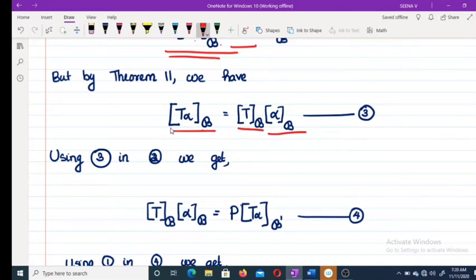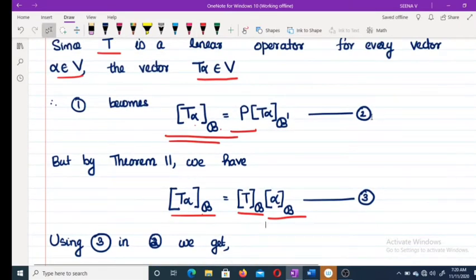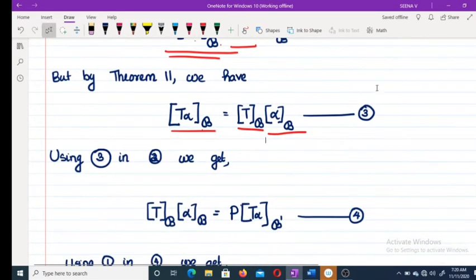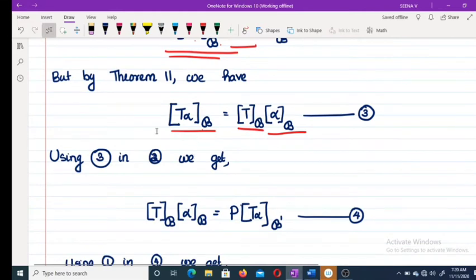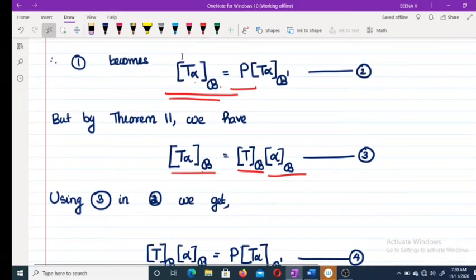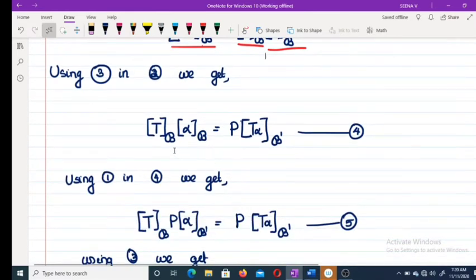Now we are using equation 3 in equation 2, in T alpha related to B. We are replacing this T alpha by this one. So matrix of T related to B, matrix of alpha related to B equals P into matrix of T alpha related to B dash.